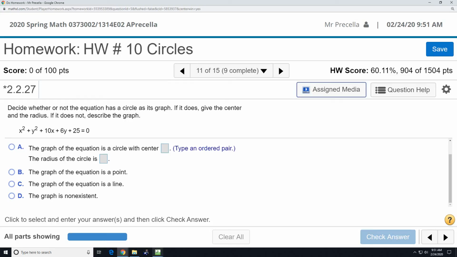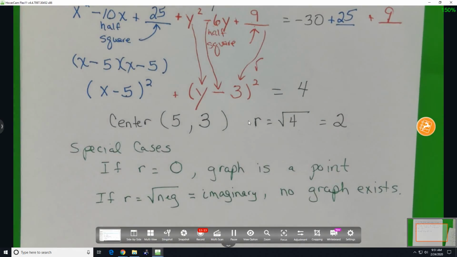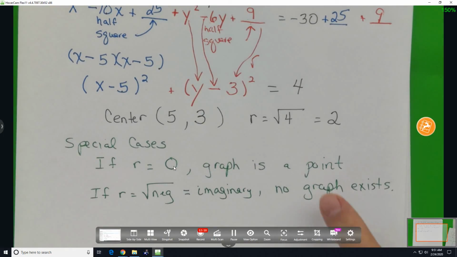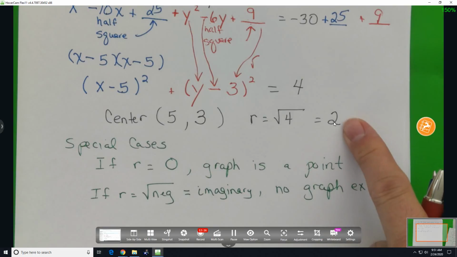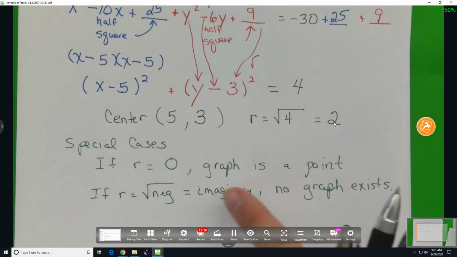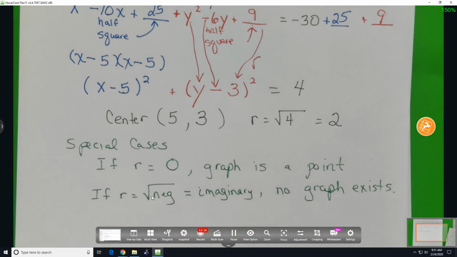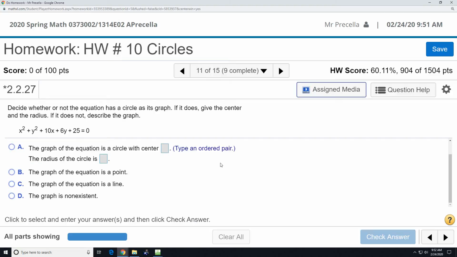At the very last step, when you're calculating the radius, that's when you decide, oh, it's a point, or no graph, or else it's a circle, depending on whether you're getting a positive number, a 0, or an imaginary number for the radius. Right? So don't let the instructions scare you too much. It's still the same stuff.